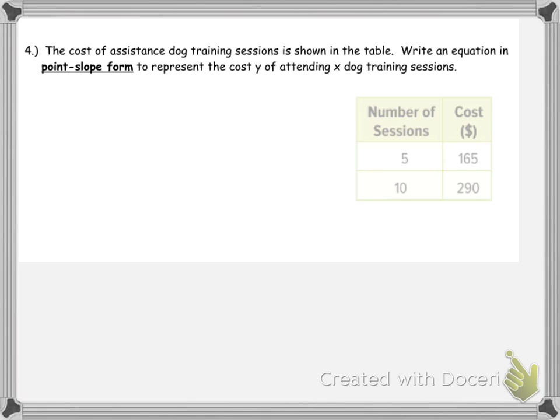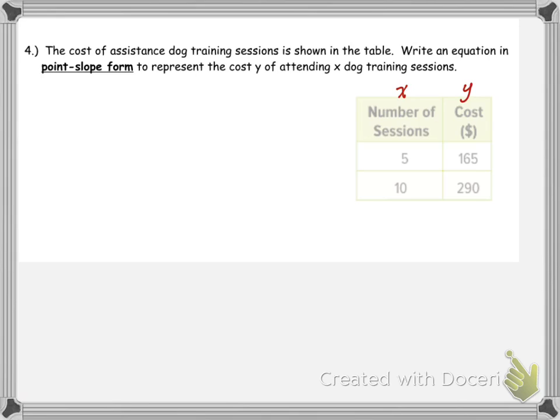Now remember that when we have a table, x is our first column and y is our second. And we're looking at point-slope form, which means we want to find the slope. We have 2 possible points, but we do need to find the slope.